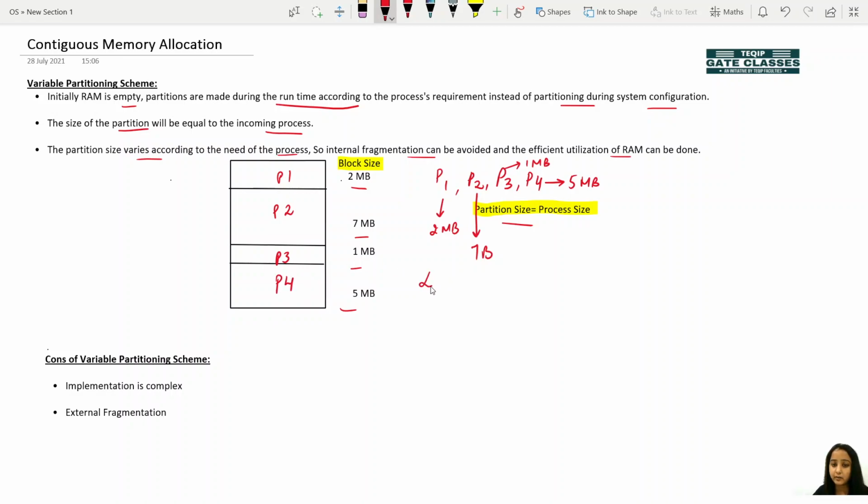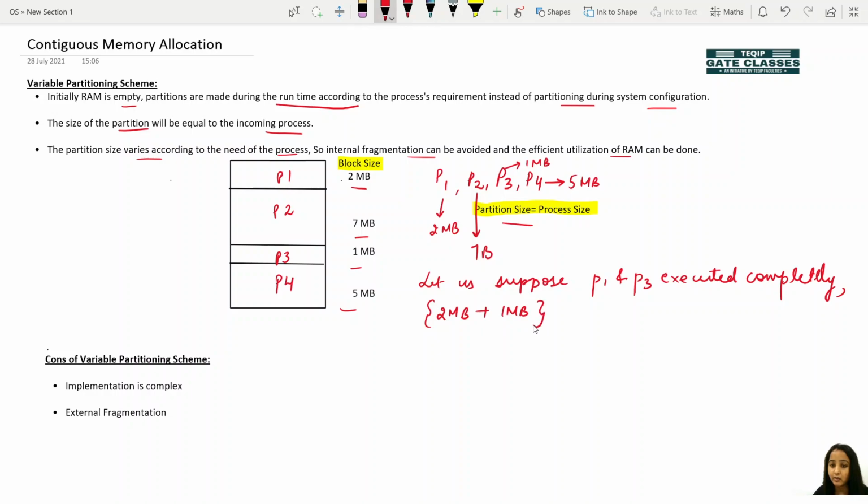Now let us suppose P1 and P3 are executed completely. Now how much space is left? P1 is 2 MB plus P3 is 1 MB.